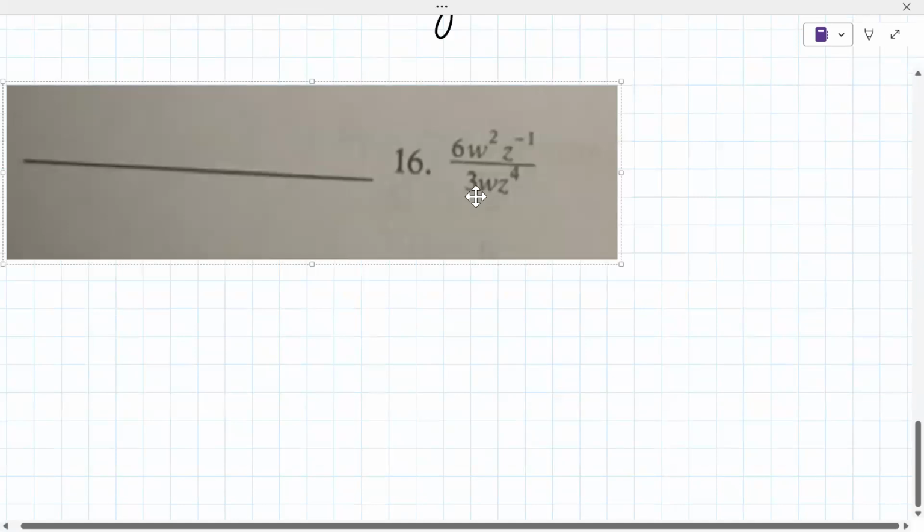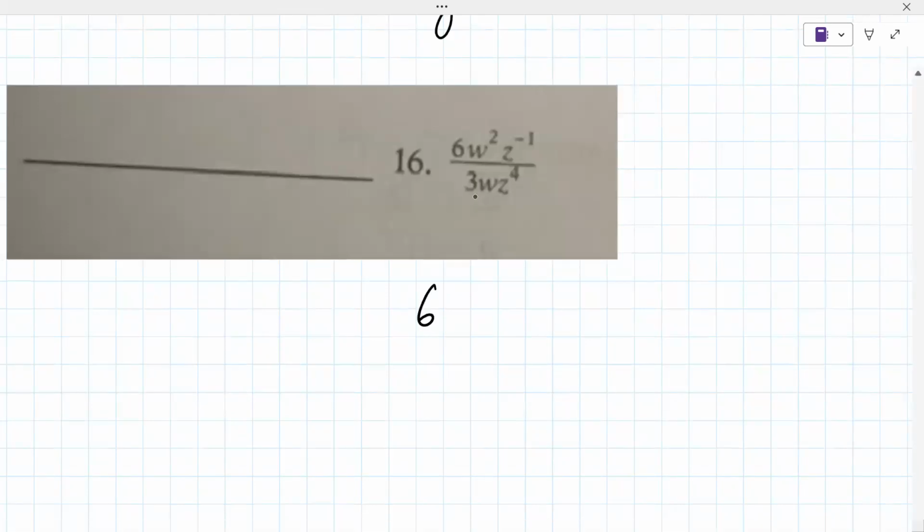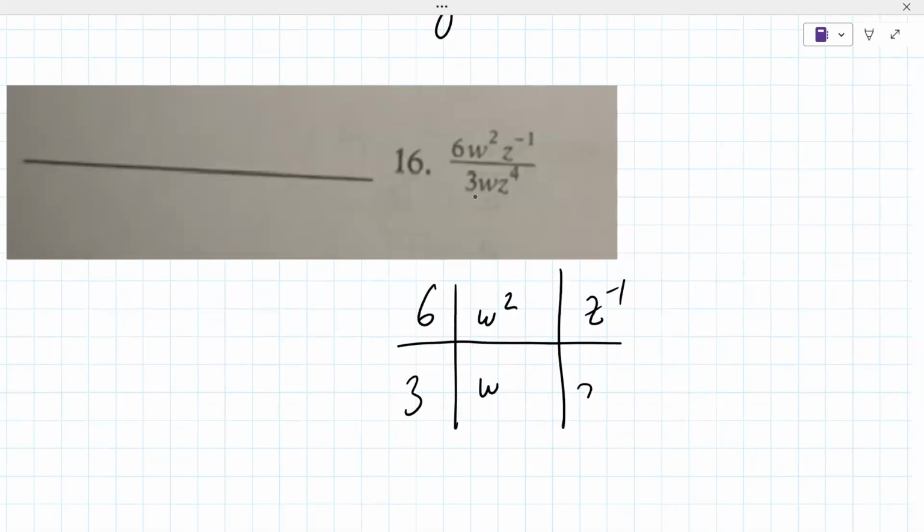We're at 16 here. We're going to break this up into a kind of table here. W squared, W, Z to the -1, Z to the fourth.